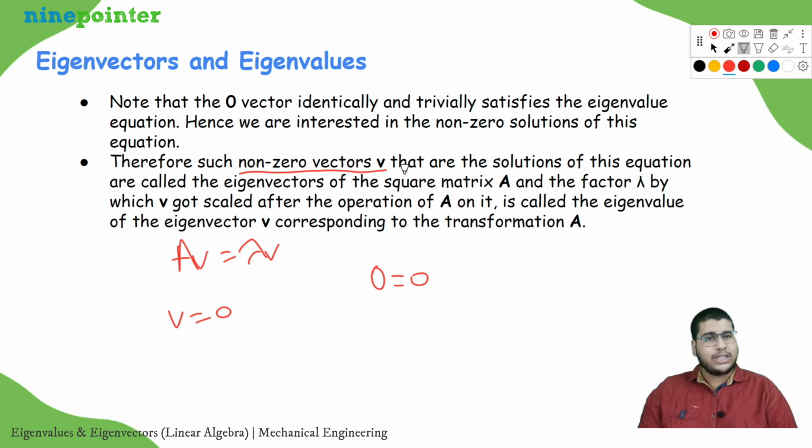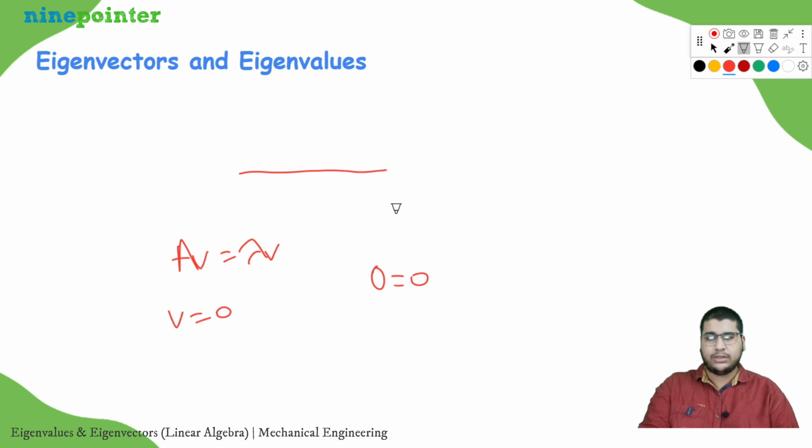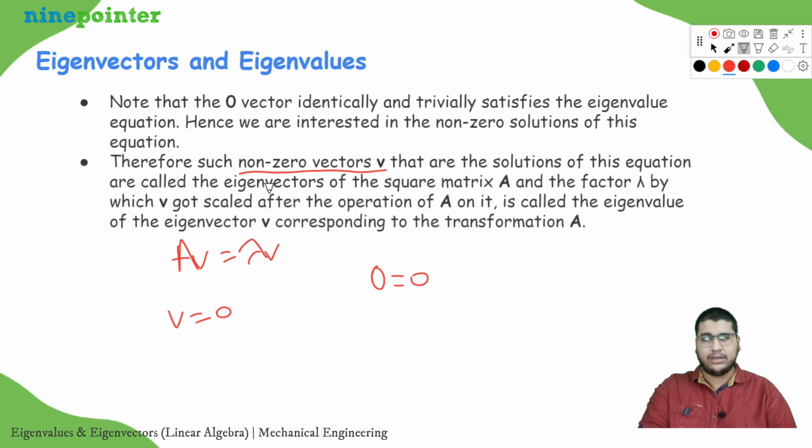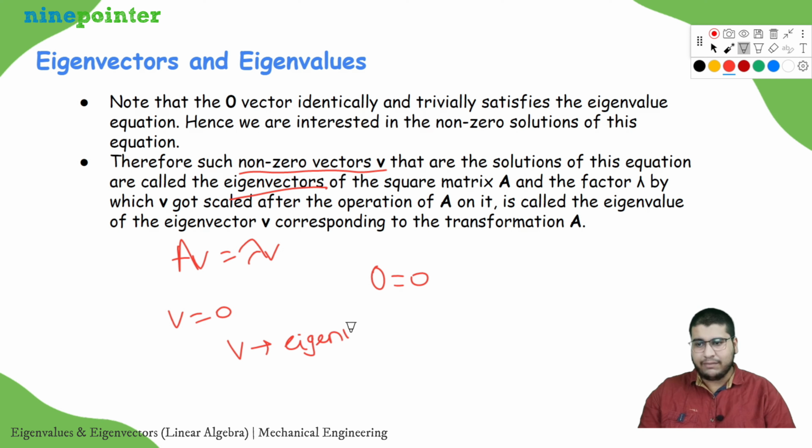The non-zero solutions of the eigenvalue equation are called the eigenvectors of A. And the factor by which they get compressed or scaled is called the eigenvalue lambda. All right. So V will be the eigenvector and lambda will be the eigenvalue.